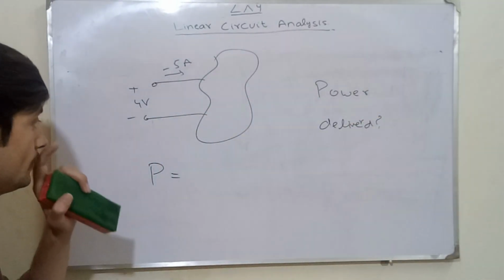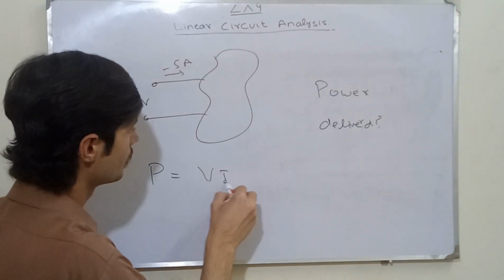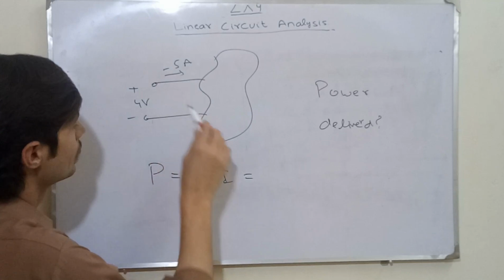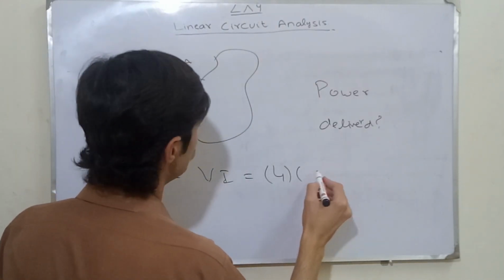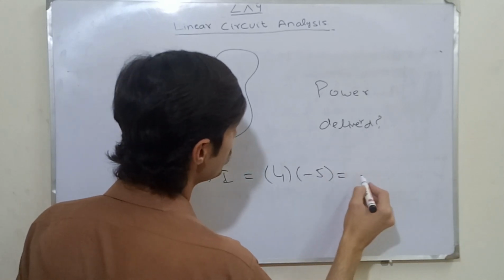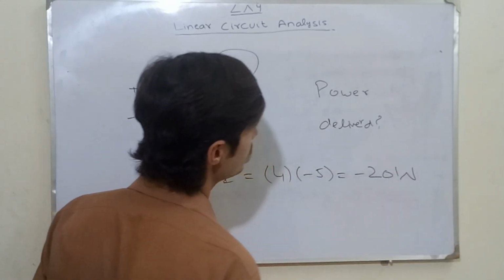P is equal to VI, which is equal to -20 watt.